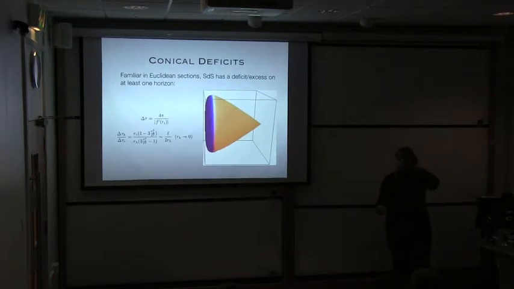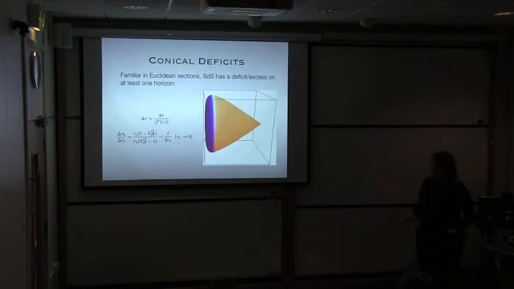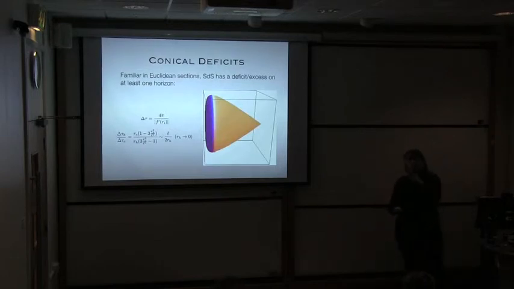Now they're very familiar if you're used to doing Euclidean gravity, because the first time that you meet one, typically, is if you're looking at Schwarzschild. So you Euclideanize Schwarzschild, you try and make it regular, you realize in general it may have a conical deficit, and then you adjust the periodicity of Euclidean time to get rid of that conical deficit, and that gives you the Hawking temperature of the black hole.